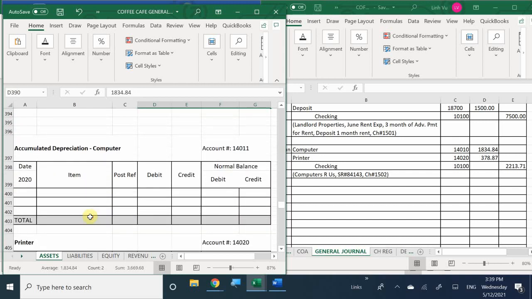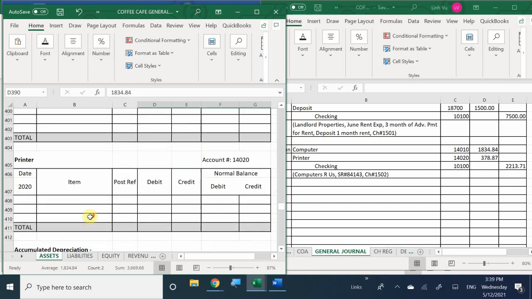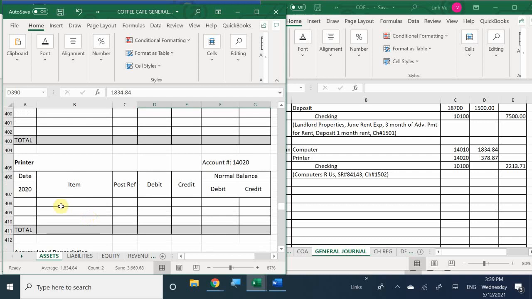All right. Now I'm going to scroll maybe one more account down and I can see that here's my printer. So already I'm going to indicate the date. I'm going to indicate that I purchased it, of course. Straightforward. General Journal 1 once again, and this time I'm going to debit it for the 378.87, right? 378.87.